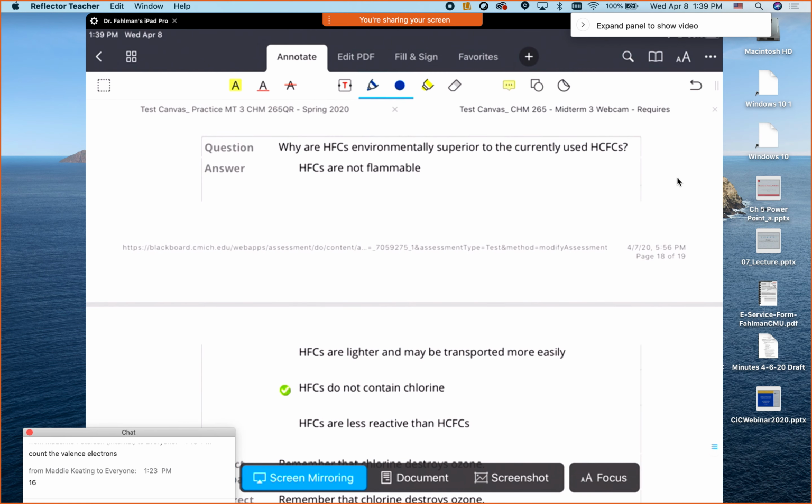And then HFCs, this is just from the reading. Remember if you had this as a CFC, a chlorofluorocarbon, we'll say that one, for instance.